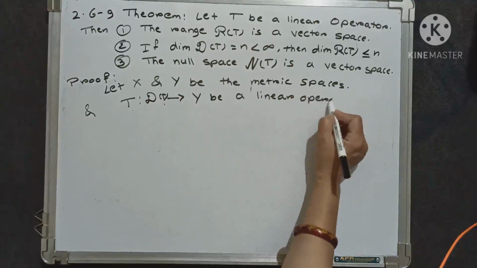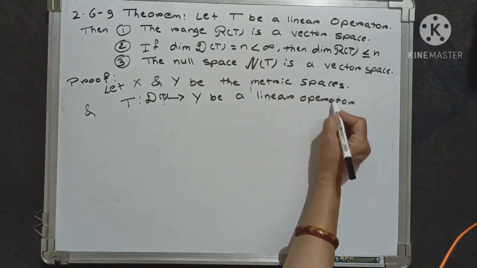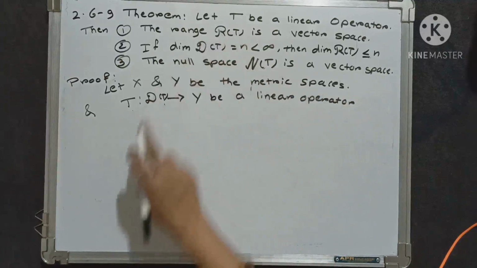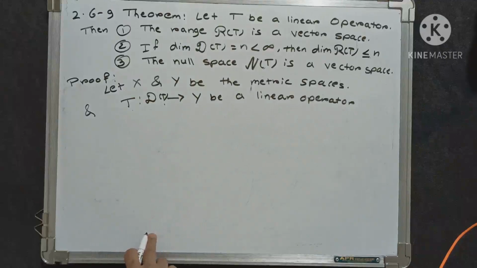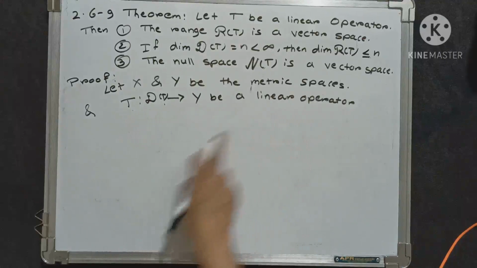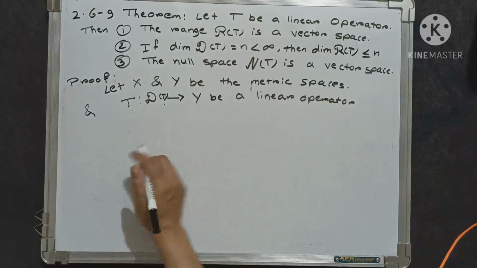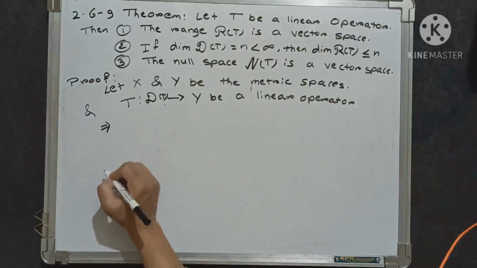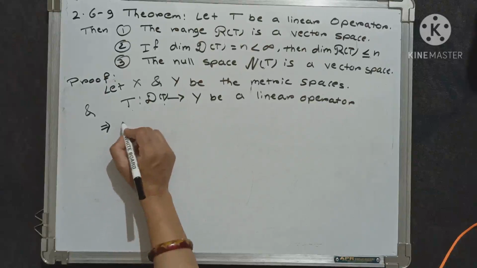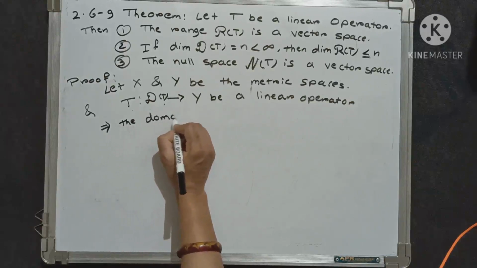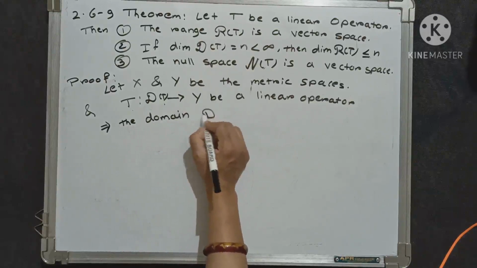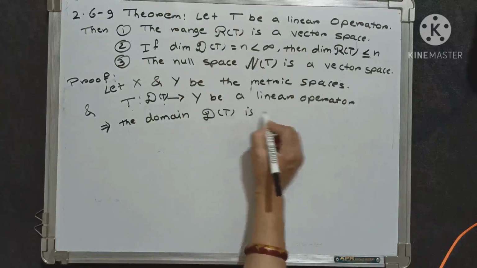We know that script R of T is the range of the linear operator capital T. As T is a linear operator, by the definition of the linear operator, the domain, that is script D of T, is a vector space.